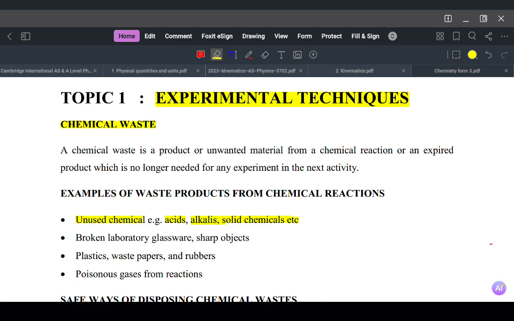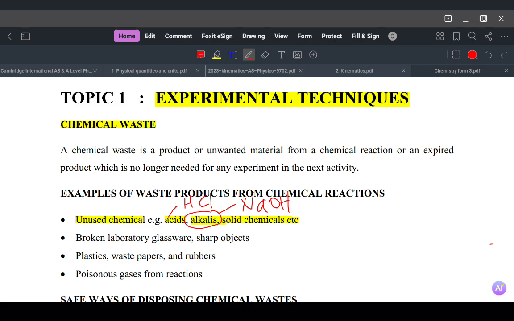An alkali is like a base which has been dissolved in water. For example, sodium hydroxide is an alkali. An acid can be HCl, which is hydrochloric acid.